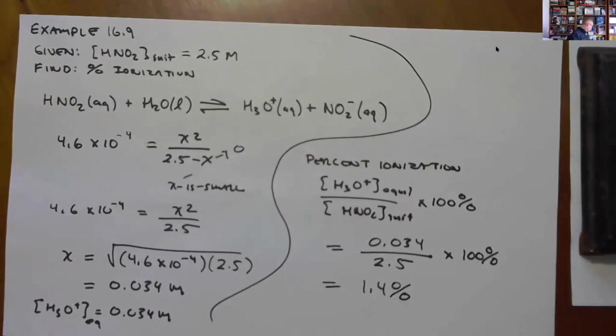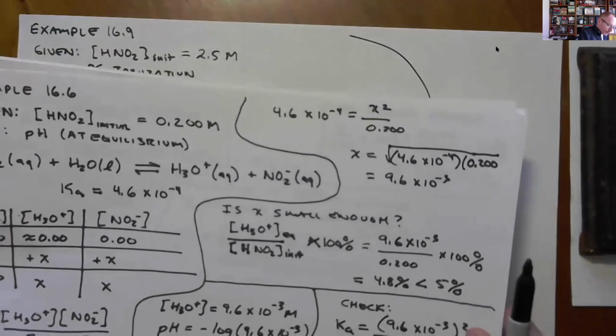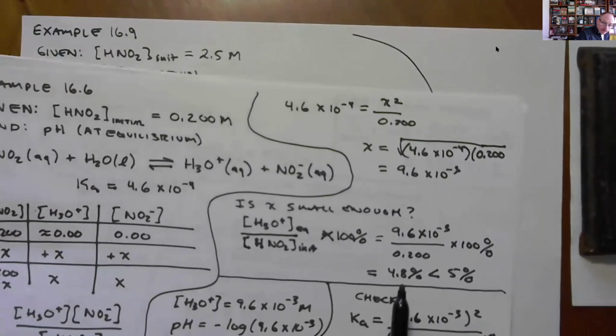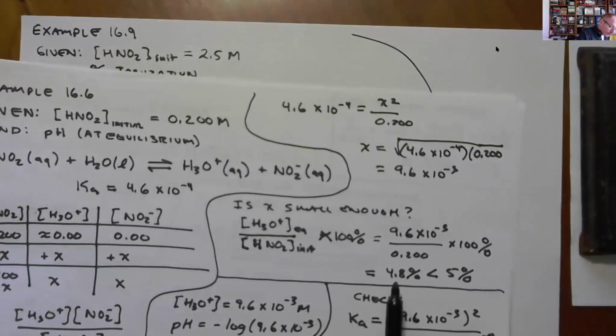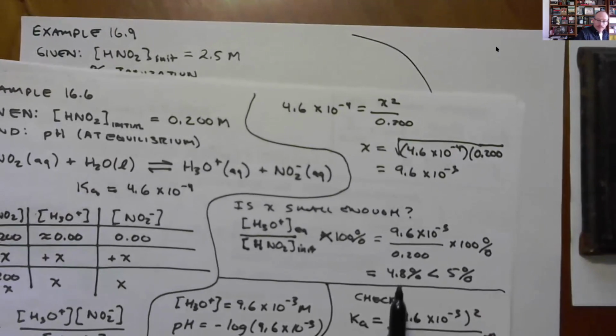All right, so that's what we're asked to solve for. How does that compare to the previous problem when we had a more dilute solution? It was 4.8%.